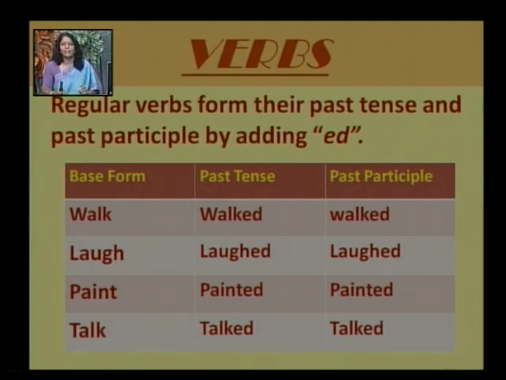That is what I call it. When you memorize, you need to remember what the last letter was, and that is how you can memorize them better. We can just read them out. Walk, walked, walked. Laugh, laughed, laughed. Paint, painted, painted. And the last one, talk, talked, talked.